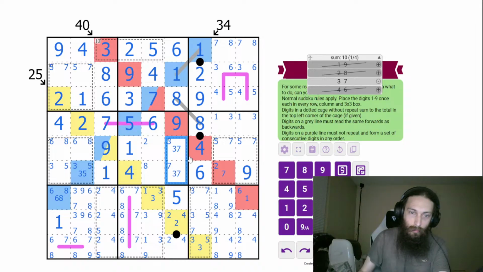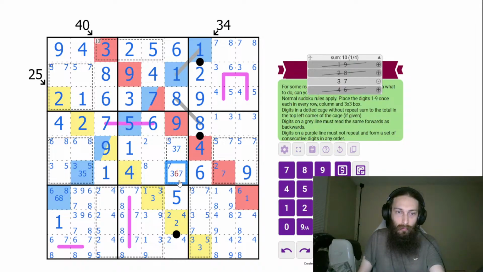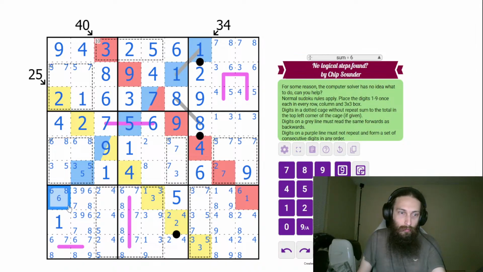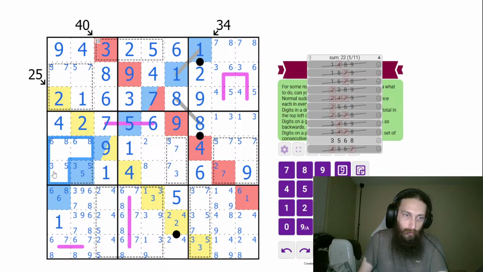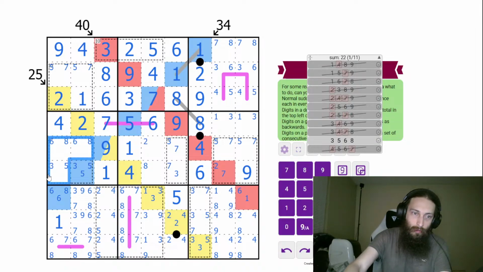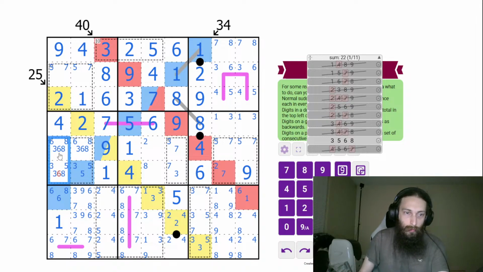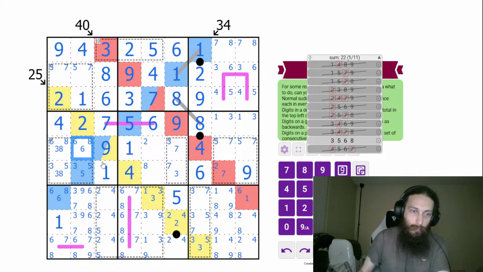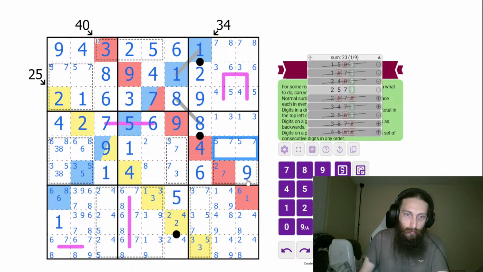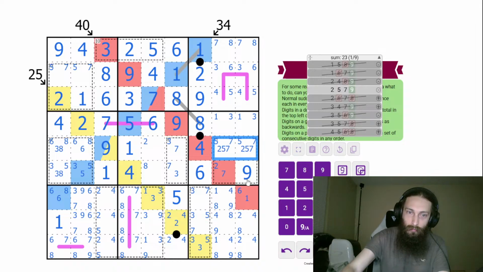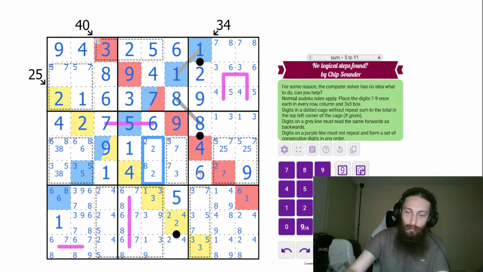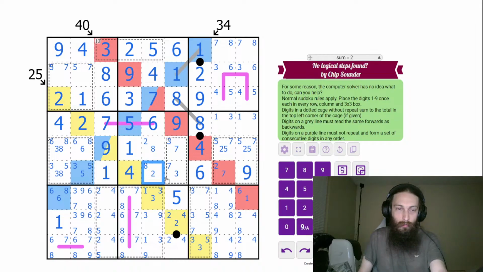This was 3 and 7, but this 7 makes that a 3. So this would have to be 5 and 6. 3, 5, 6, and 8. So 5 gets removed. 6 is placed there. 2, 5, 7. That would be a 2 or 5. 2, 8 would be this way.